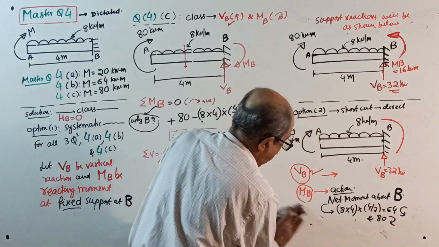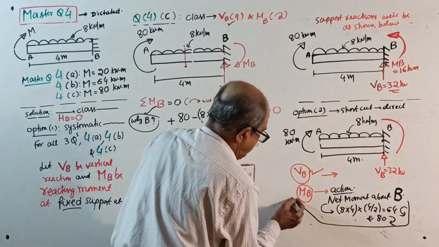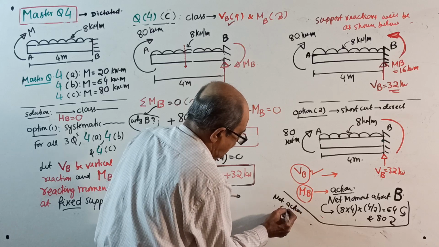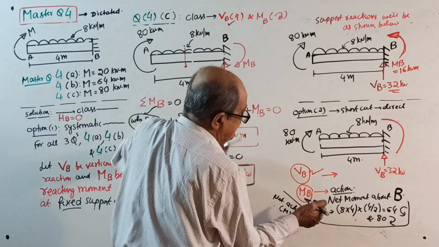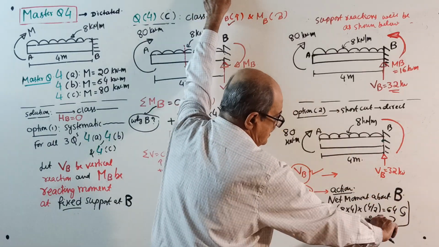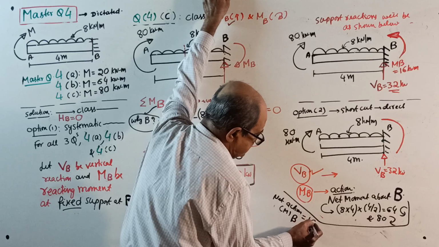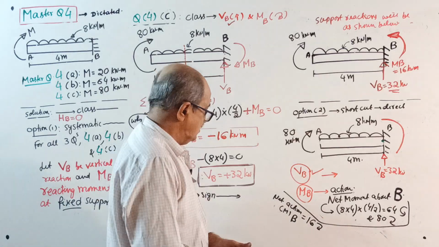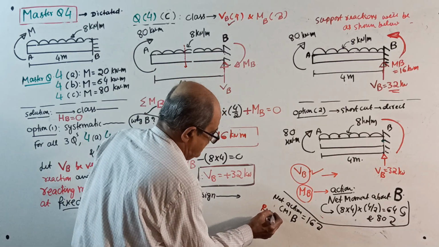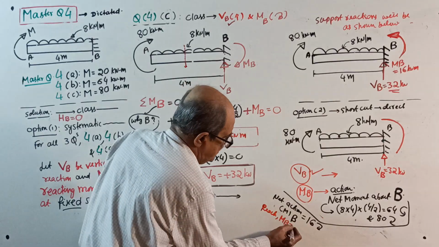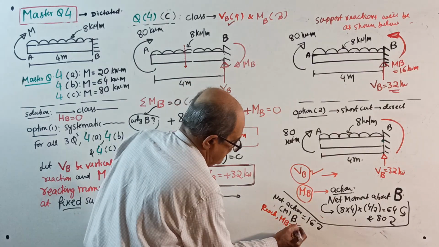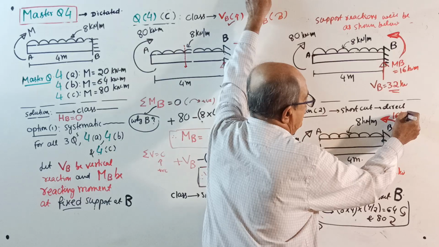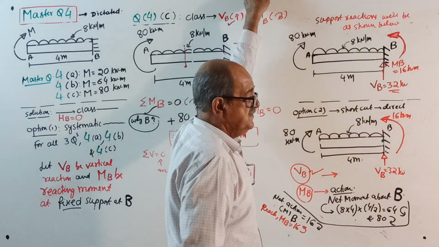So, once you write these two, therefore, net action, I will call it net action regarding moment about B, is 64 anti-clockwise, 80 clockwise, which means 16 clockwise is the net action. If net action is 16 clockwise, then the reaction MB equal to 16 anti-clockwise. So here anti-clockwise of 16 kilonewton meter. See, reverse came. This is over.